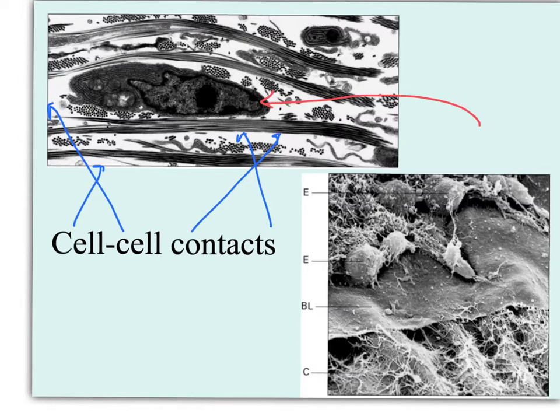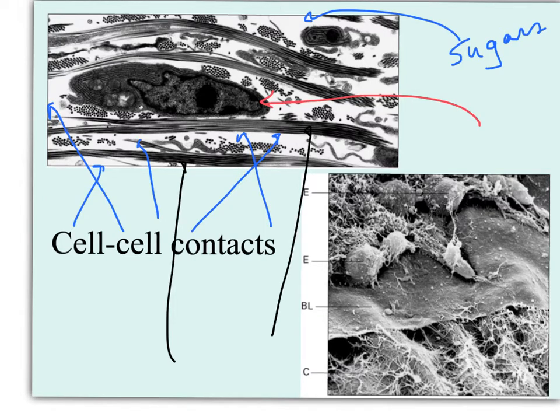This white space that is showing is probably made up of sugars, and sugars do not show up well on EM. And then the other molecules that you are seeing are what we call fibrous proteins of the extracellular matrix. So we have fibrous proteins and we have sugars.